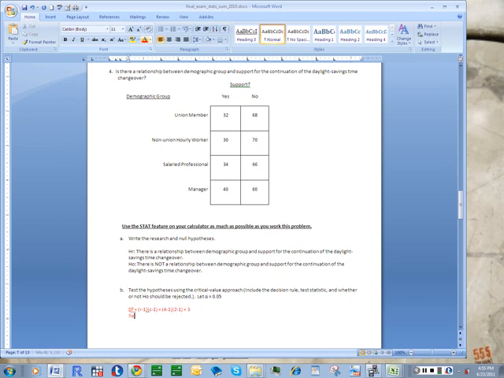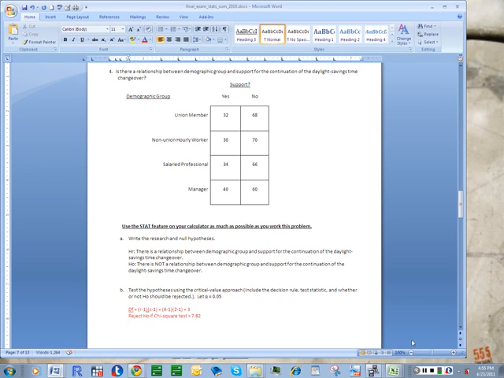So we are going to reject H0 if the chi-square test statistic is greater than 7.82. Just read that off of the chi-square table.